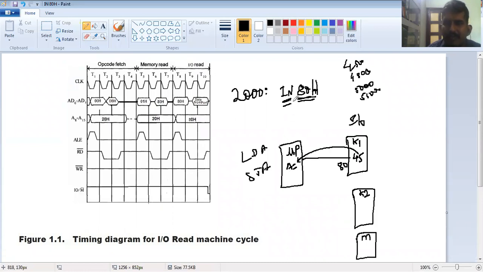So after executing IN 80, your accumulator will carry whatever content you have typed on keyboard 1. Why keyboard 1? Because it is connected at address 80. Instead, if you have mentioned IN 81H, consider that keyboard 2 is connected at address 81.